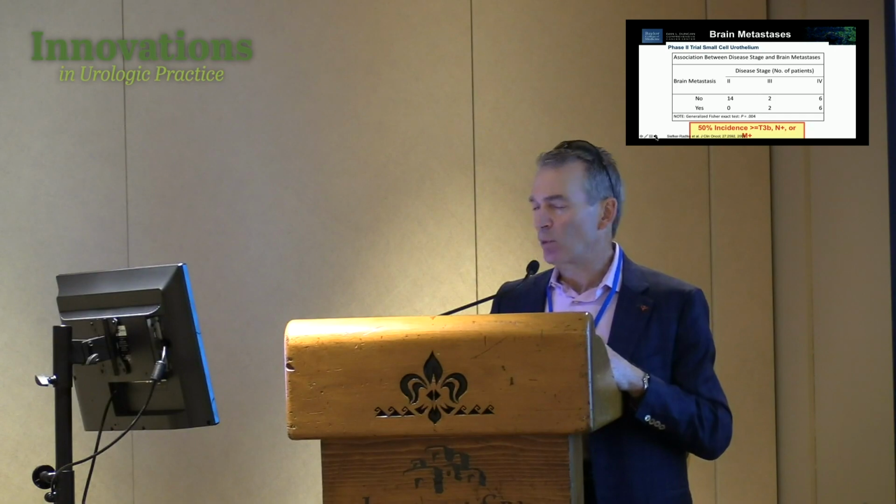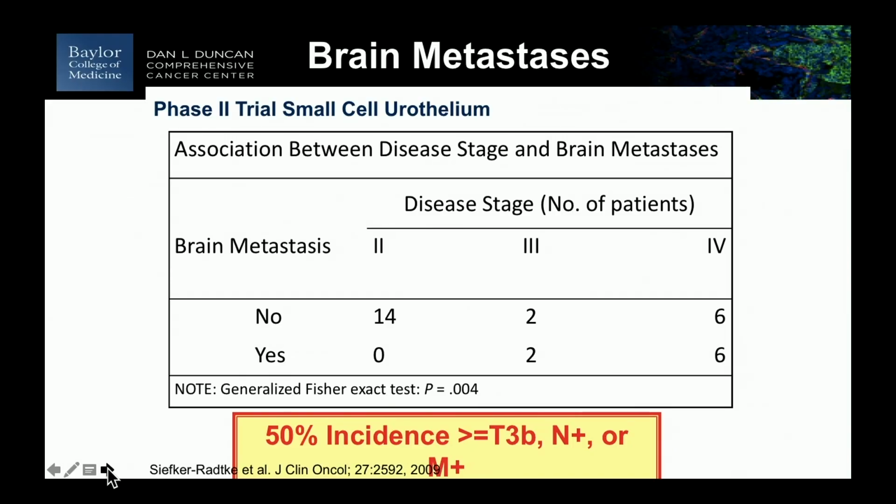One of the challenging things is that in the more locally advanced cancers, there is an increased probability of brain metastasis. Arlene Siefer-Radke at MD Anderson has published some data on this and is a fairly strong proponent of prophylactic brain irradiation.